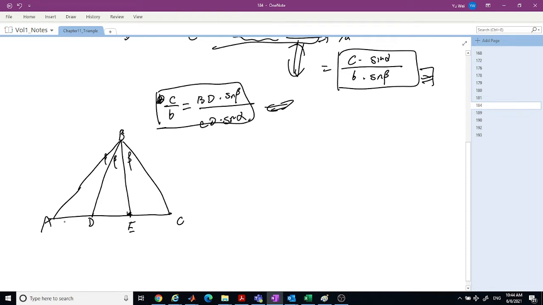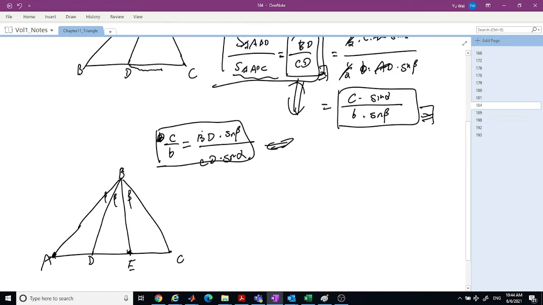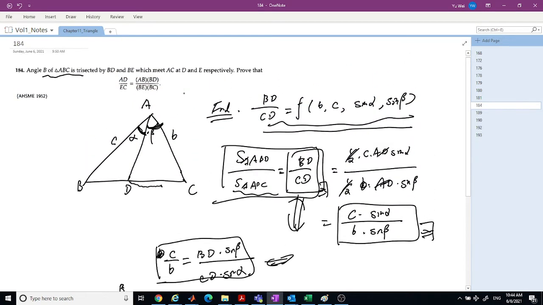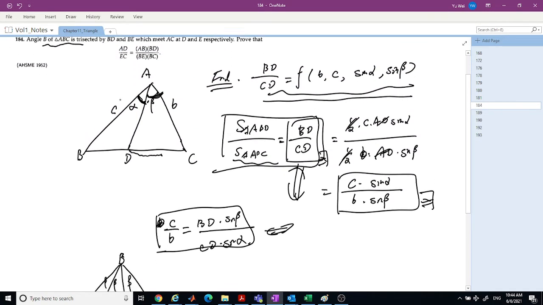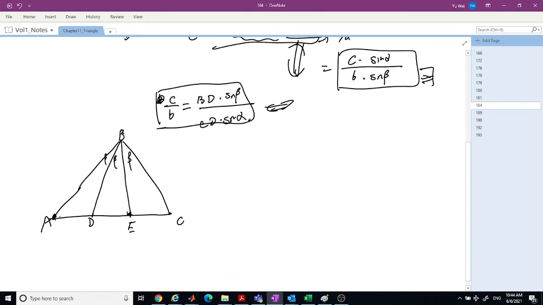Trisectors, right? So now we can do it in an easy way. We are going to solve AD over EC. They are separate, but we can do AD over DE times DE over CE, right?